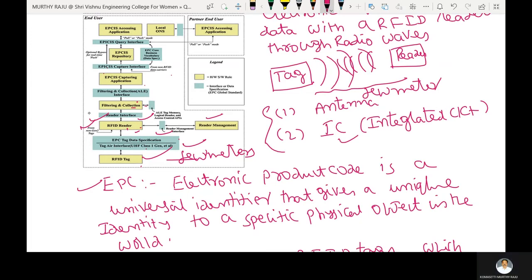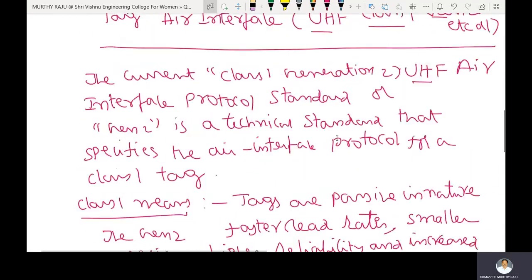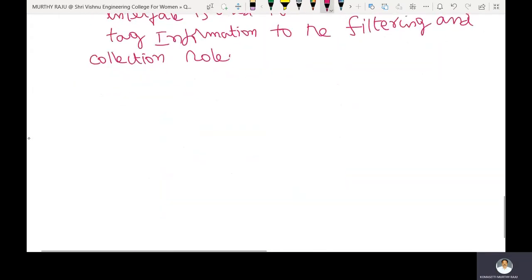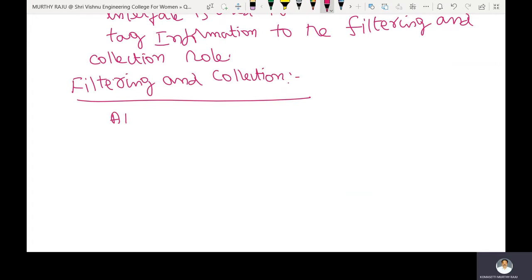Next, coming to filter and collection. Filter and collection is also called ALE, application level events. The important block used here is ALE, application level events.